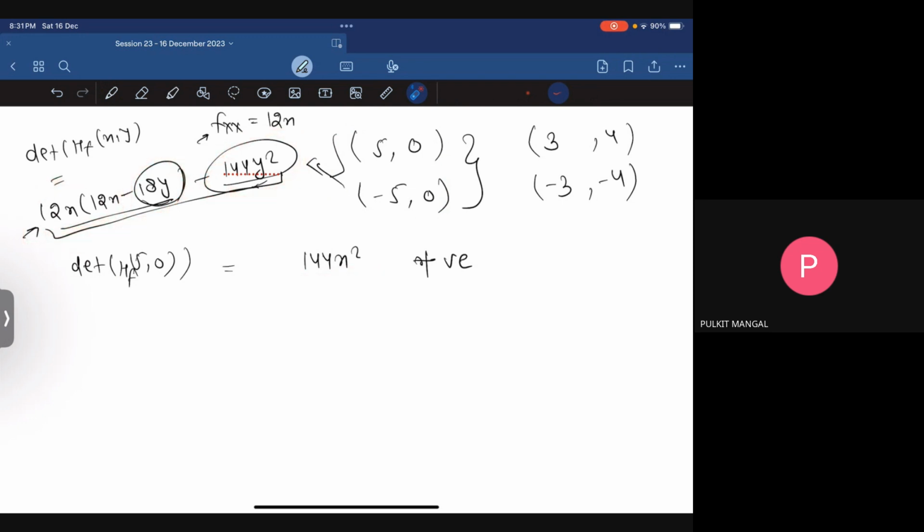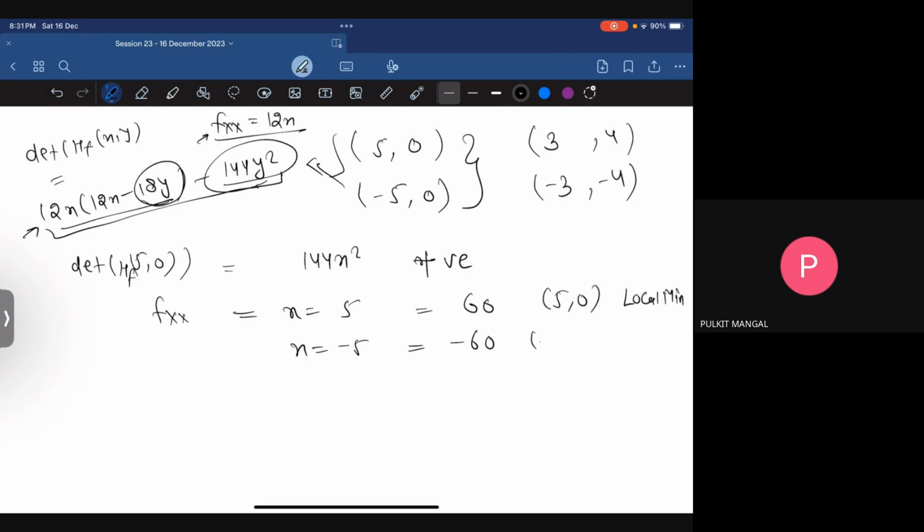The rest depends on fxx. When x is 5, this would be 60, and when x is negative 5, this would be negative 60. So 5 comma 0 is my point of local minimum, and negative 5 comma 0 is my point of local maximum.